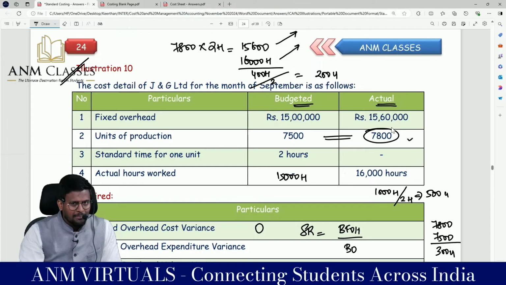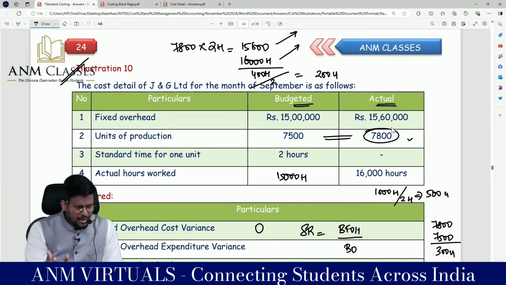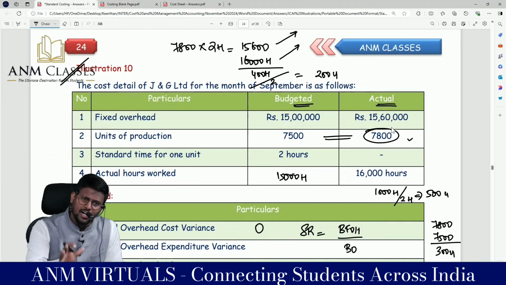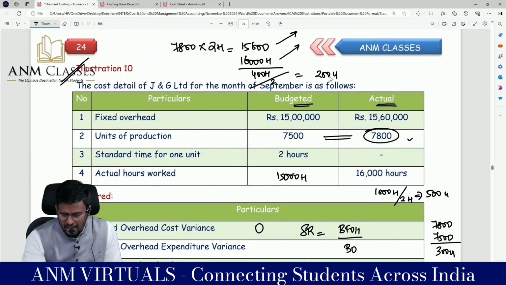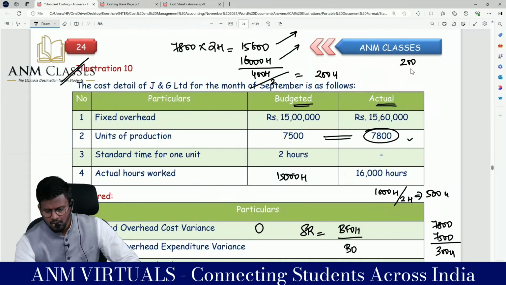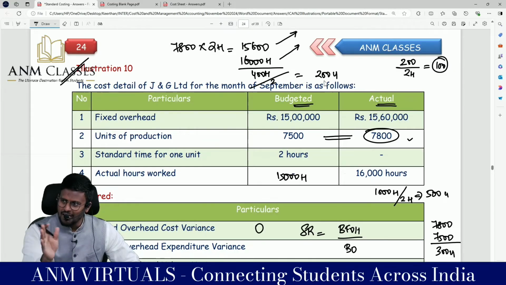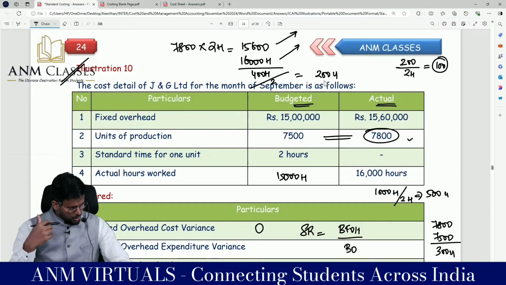That means I am less efficient by 400 hours. 400 into 100 போடலாம், which is 100 is the standard rate per hour. ஏன்னா 200 is the standard rate per unit, every unit is taking 2 hours, so divided by 2 hours போட்டா எனக்கு 100 per hour னு வந்துரும். அப்ப 400 into 100 போட்டா 40,000 adverse.